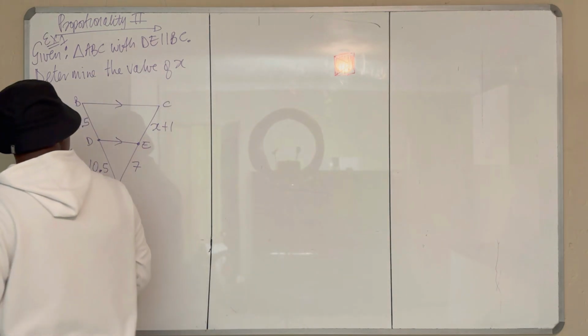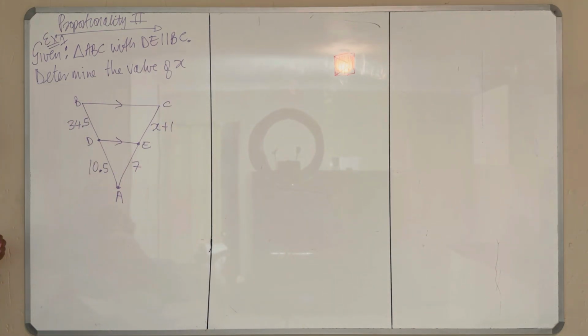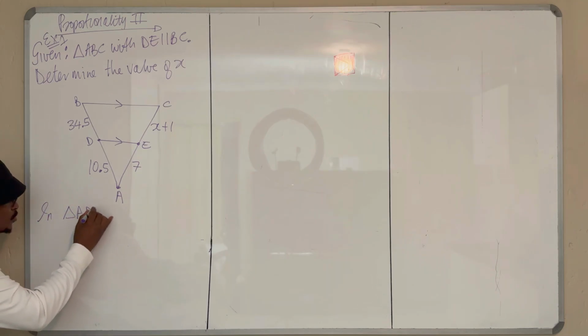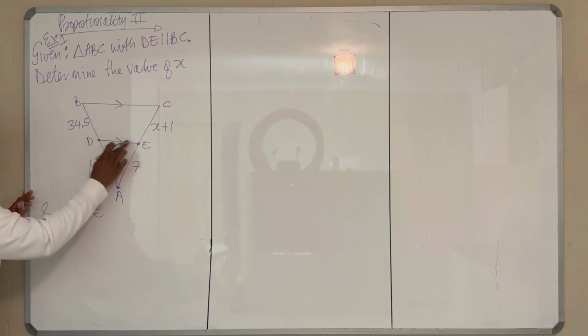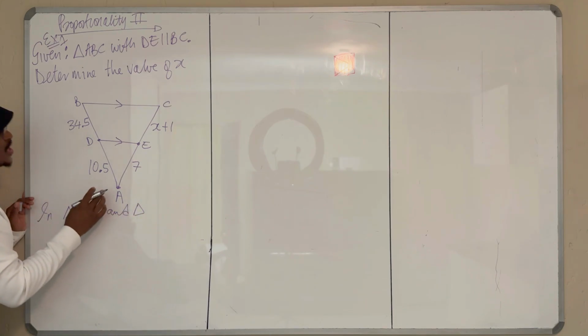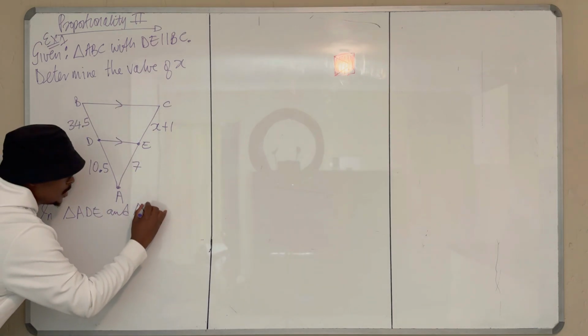To do this, you must specify which triangles you're working on. We're looking at 2 triangles: triangle ADE, and the bigger triangle ABC.